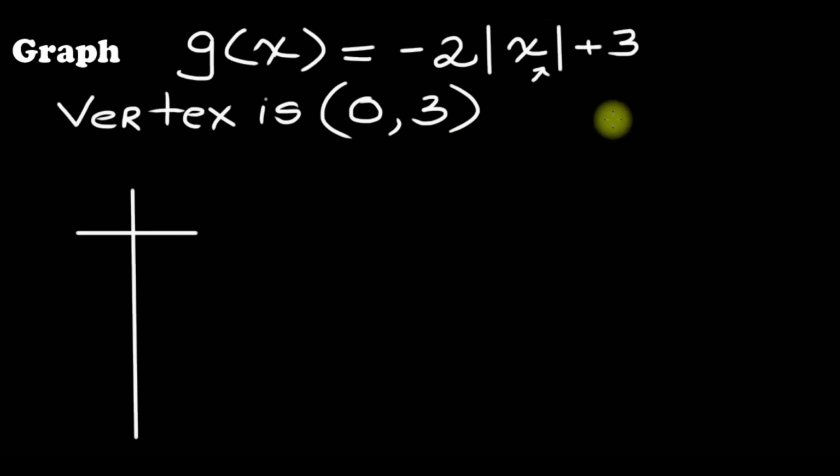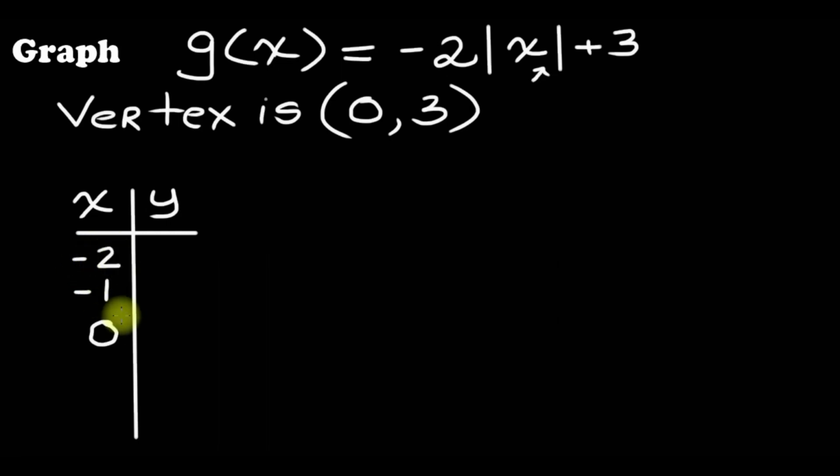And then after that, you're going to make a table because you want to come up with ordered pairs, points that you can use to get the graph. So here's your 2-column table, the x column and then the y. We're going to use 5 points, so your vertex is going to be in the middle. The 0 is going to be in the middle, and then we're going to pick -1, -2.